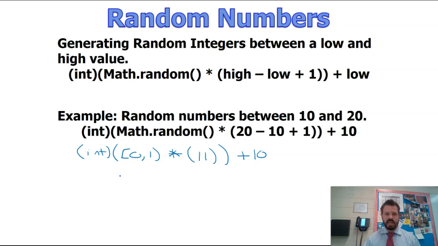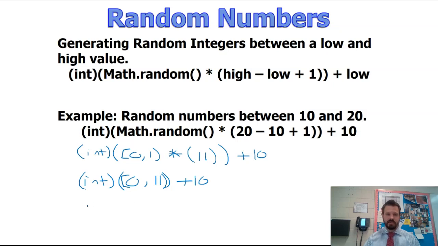Okay, and then once again, when I multiply this range by the 11, that's going to give me numbers from 0 to 11, including the 0, not including the 11, plus a 10.